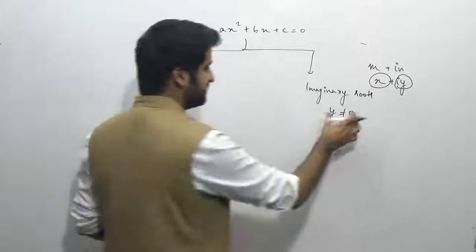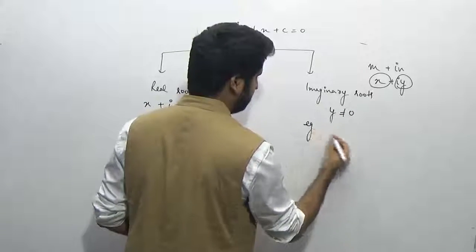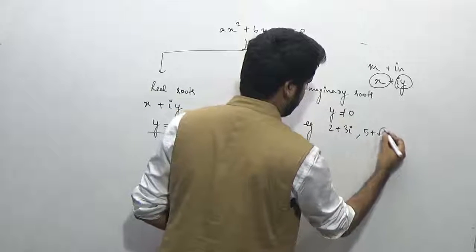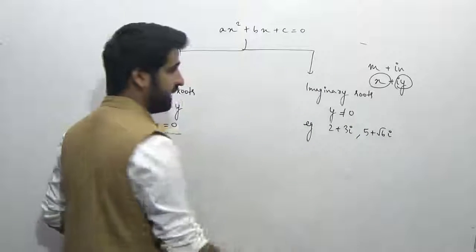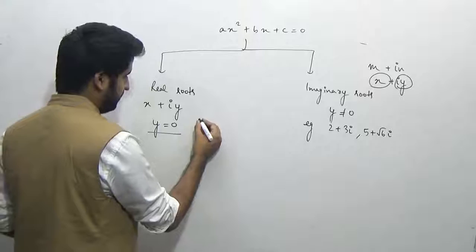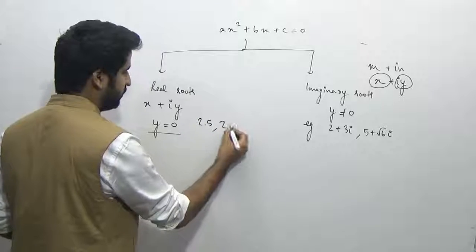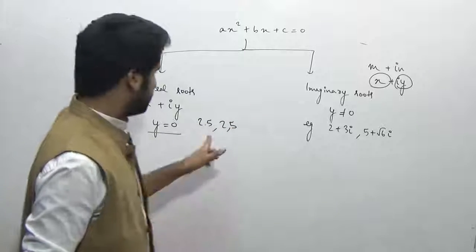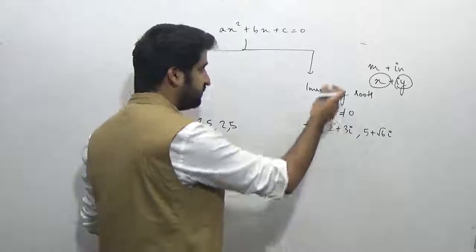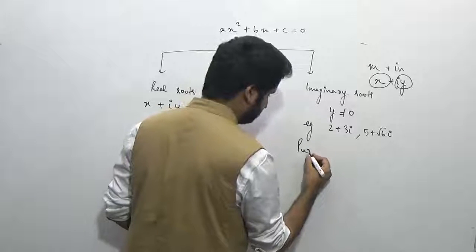Right? So these numbers, for example 2 plus 3 iota or 5 plus root 6 iota. In this case, the imaginary part is non-zero. In case of real numbers, this will be something like 2.5 or 2 or 5. So these are all the real roots and these are the imaginary roots. Apart from these, we have purely imaginary.